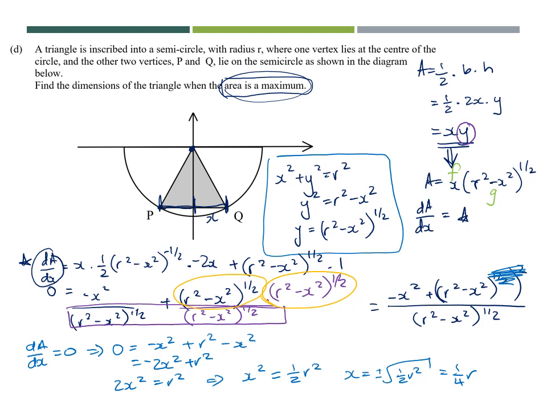No, that's not right, sorry, that's not a quarter, is it? No, that's 1 over root 2 r, sorry. Apologies. Half squared is a quarter, not the square root of it. So there's my answer.